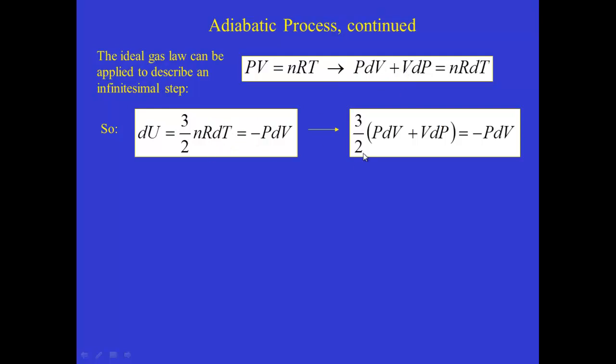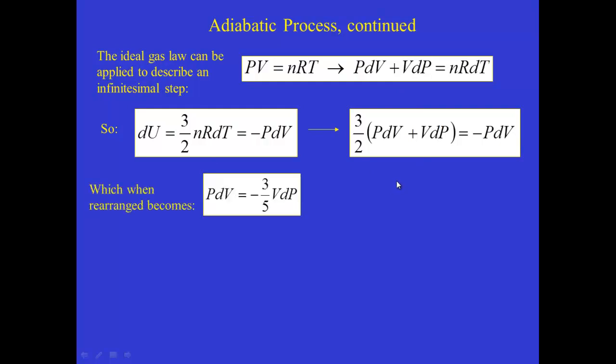So this becomes 3/2 (PdV plus VdP) is minus PdV. Now we just need to do a little bit of rearrangement. So we've got 3/2 PdV, and then we've got a negative PdV. And when we collect those two terms and then relate them to the VdP term on the other side, we get PdV is minus 3/5 VdP.